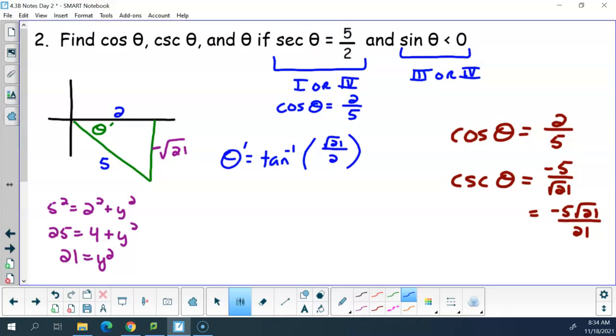Grab my calculator. Inverse tangent square root 21 divided by 2. I get 66.421825152. Okay, but that's theta prime. I'm in quadrant 4. So I got to do what?